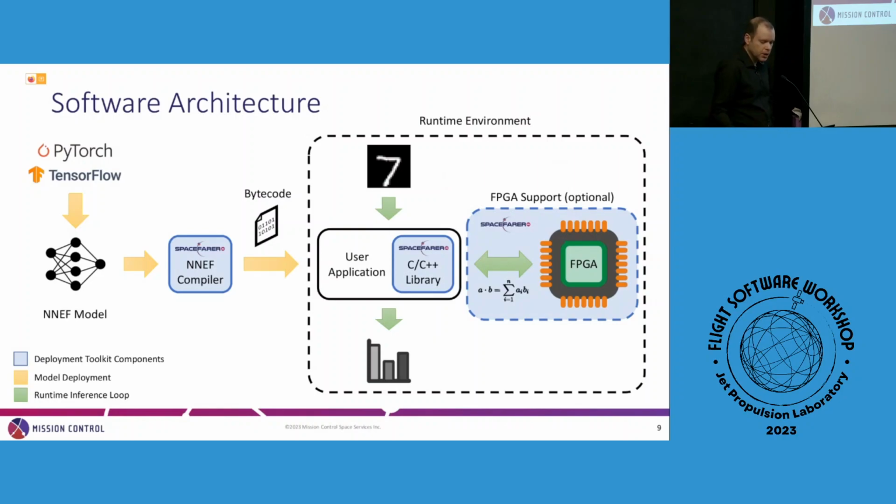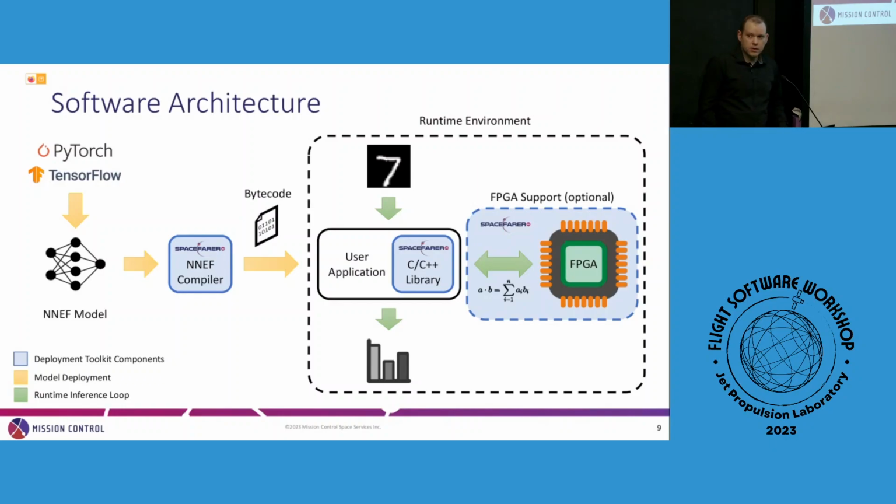There's a library written in C++, and it has bindings in C, but we're looking into supporting other languages too in the future. There's interest in other languages. Basically, you can use this library to load the bytecode and run inference using that network. You pass it an input, like an array, like I mentioned before, and it will give you an output. It does everything for you.